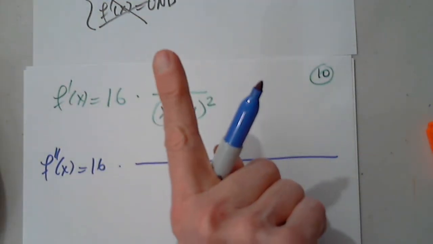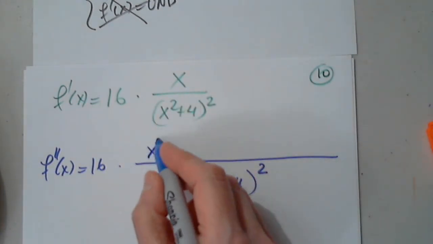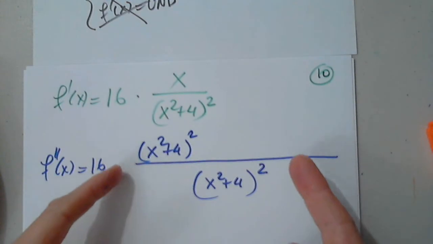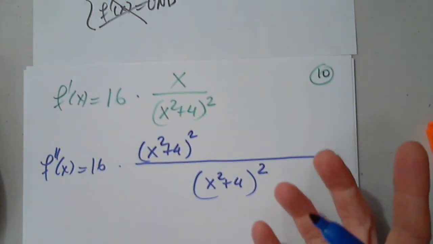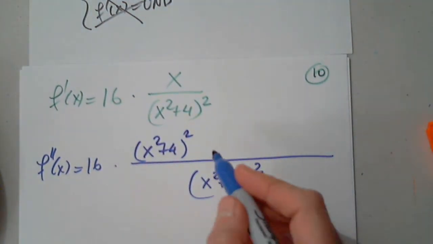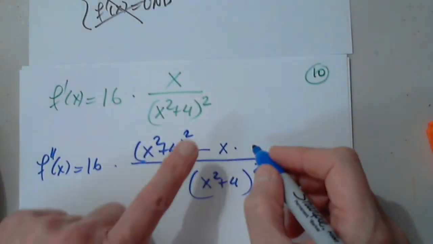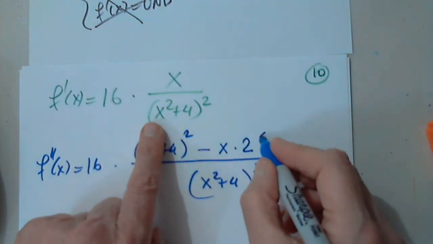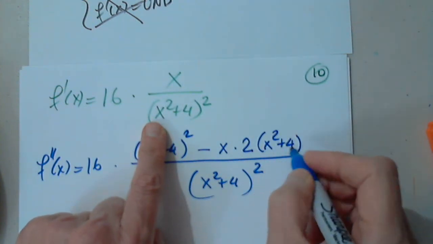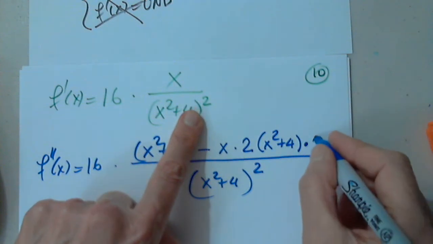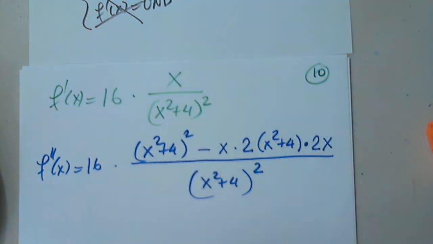Top function prime 1 times the denominator. Many of you started distributing and multiplying, and you never got anywhere. Minus the top times the denominator prime: 2 times x squared plus 4 to the 2 minus 1 times the inner function prime. Do not distribute.